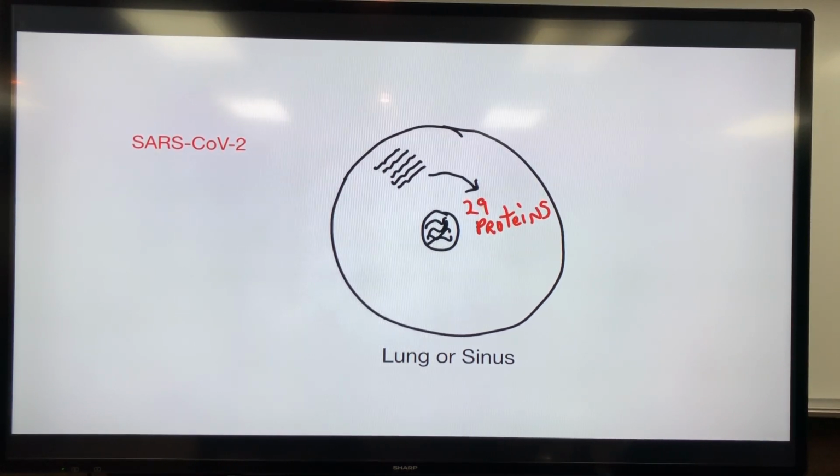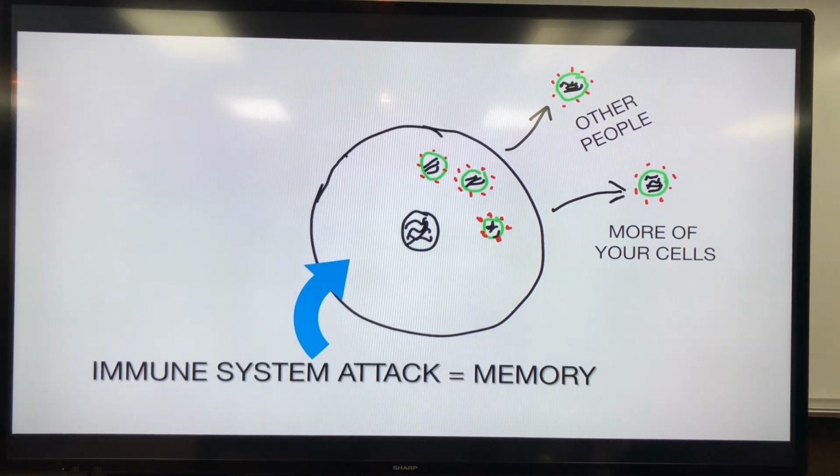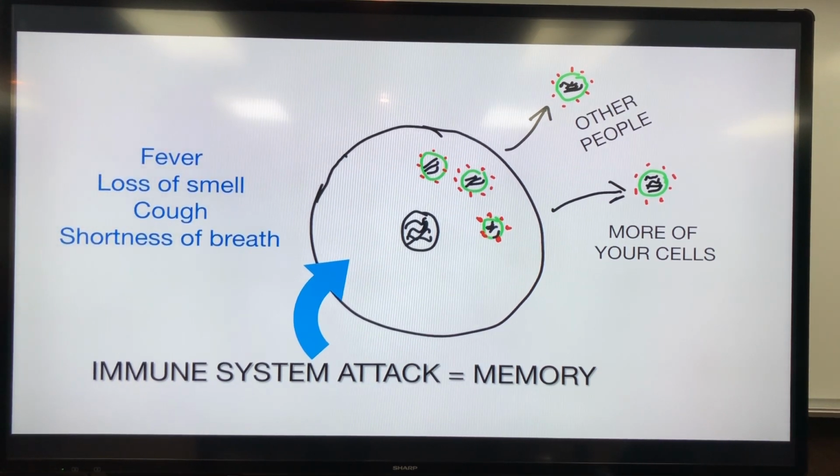Now, what happens from there is John's lung cells make more of the virus. So more of the virus comes out of that cell to either affect other people. In fact, his wife gets it a few days later this way. And then other cells, including his cells in his nose that help him breathe, his sinus cells, more of his lung cells, which results in an immune system reaction where he starts getting fever, loss of smell, cough, and all the typical symptoms.